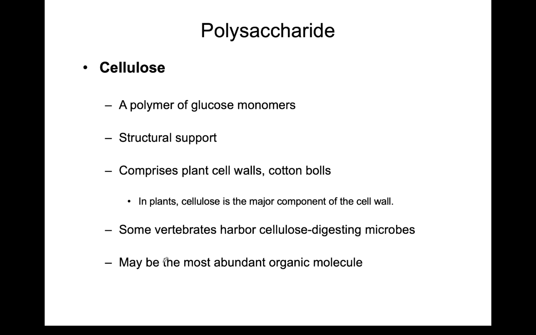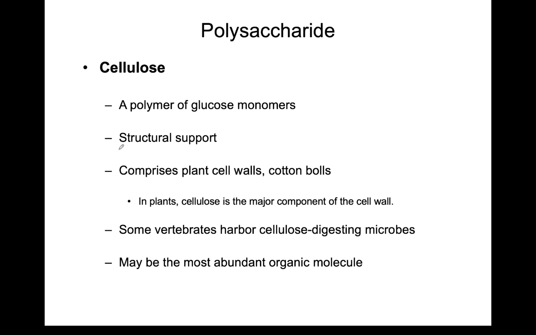Another example of a polysaccharide is cellulose. Cellulose is found abundantly in the plant cell wall. Cellulose is composed of a polymer of glucose monomers. What is the function of cellulose?